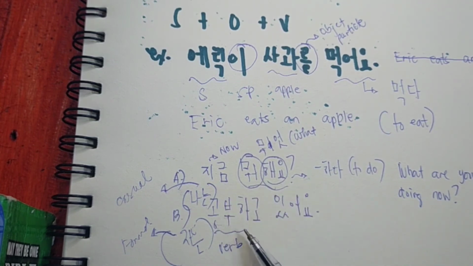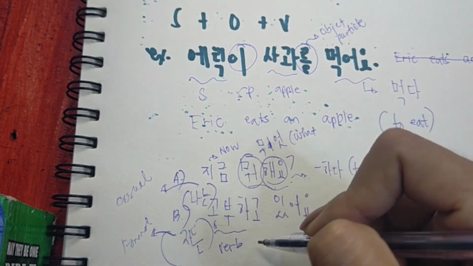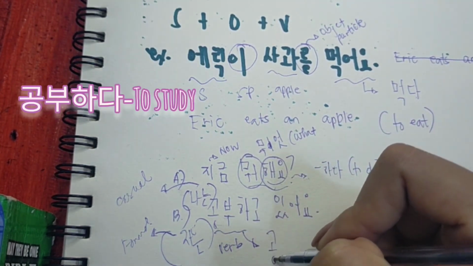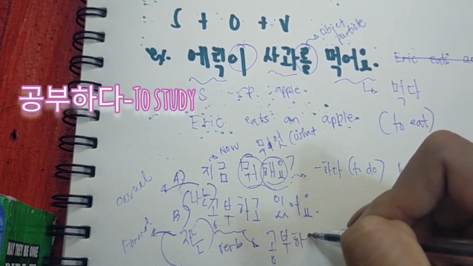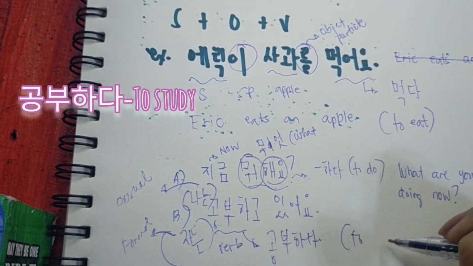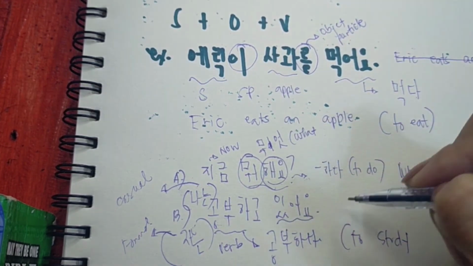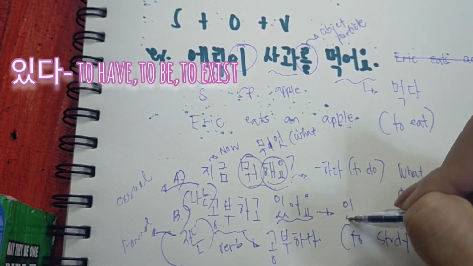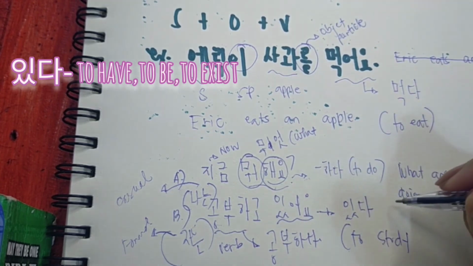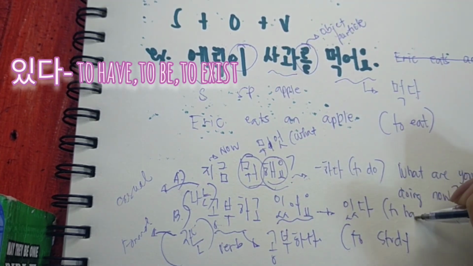So, pwede mo siyang sagutin ng 공부하고 있어요. 공부하고 means from the word 공부하다. 공부하다 means to study. 있어요 from the word 있다, or to have, to be, or to exist.